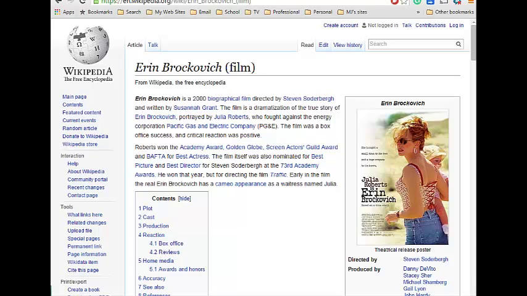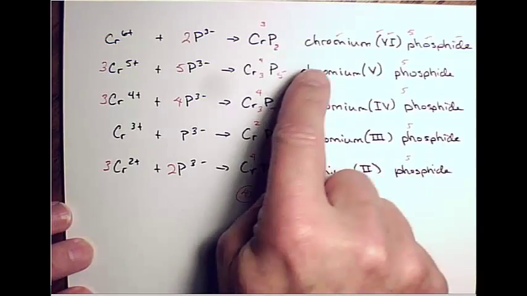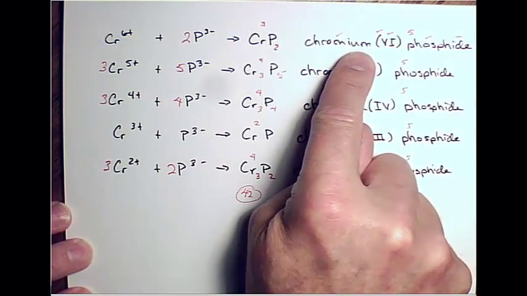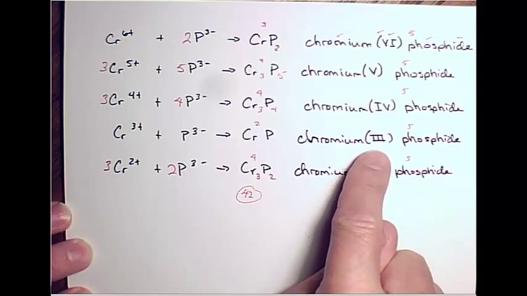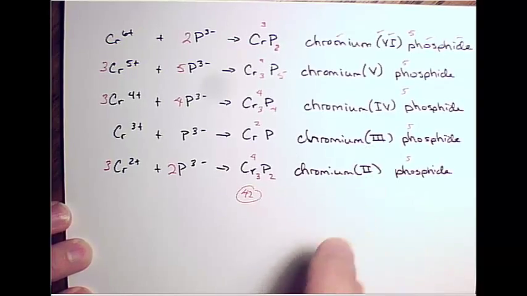So they were discussing the problem was with chromium in this movie, and they were talking about hexavalent chromium, and I think it was divalent chromium. Okay? And the difference between the two is exactly what we're looking at here. Hexavalent chromium is chromium 6, and it's either tri or divalent chromium will be 3 or 2.